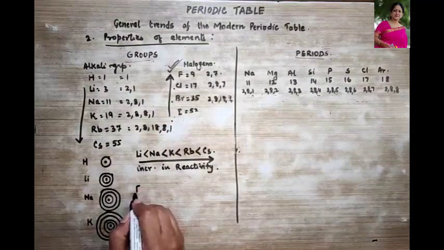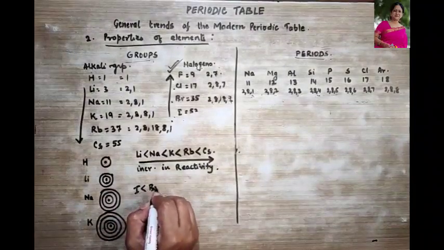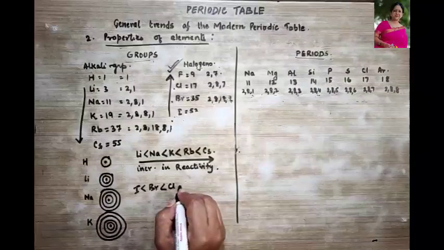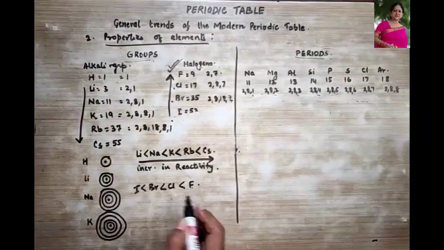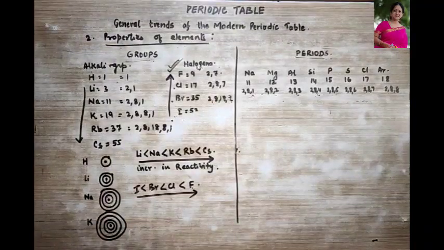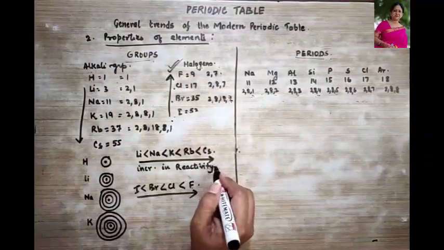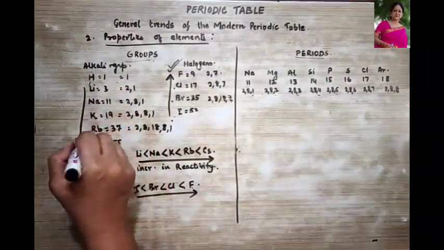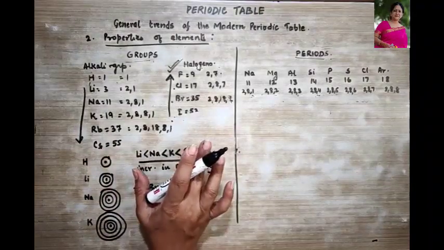Here we can say that iodine is least reactive, followed by bromine, then chlorine, and then fluorine. Fluorine is most reactive. So this is one of your exceptions. Otherwise, in rest of all the groups, we follow this trend, that is, as we go down, the reactivity increases. I hope this is very clear.